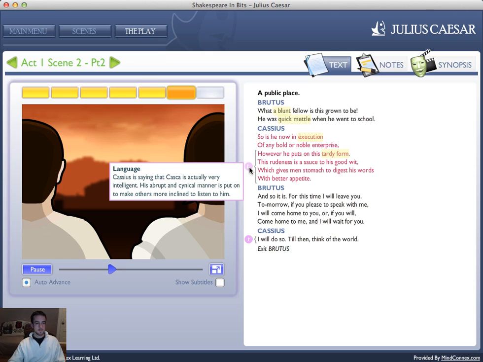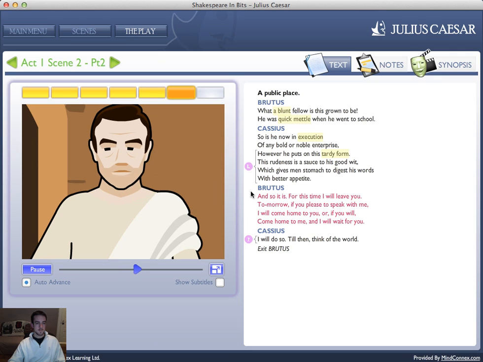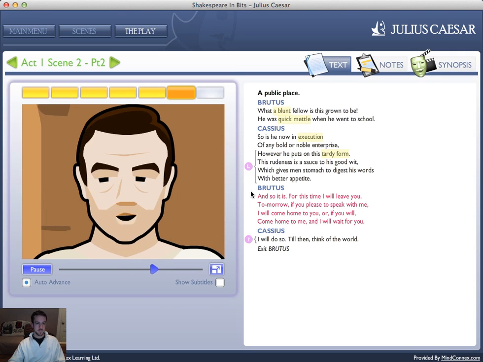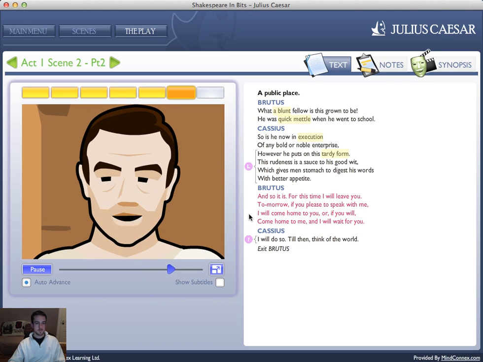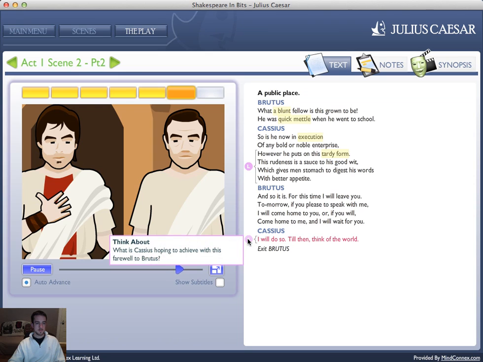This rudeness is a sauce to his good wit, which gives men stomach to digest his words with better appetite. And so it is. For this time I will leave you. Tomorrow, if you please to speak with me, I will come home to you, or if you will, come home to me, and I will wait for you. I will do so. Till then, think of the world.